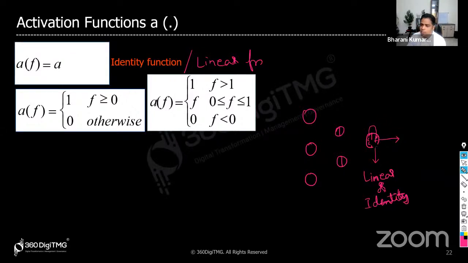If the integration is 0.8, the output would be 0.8. Linear or identity function doesn't do anything. It will just take the input and say this is going to be the output as well.